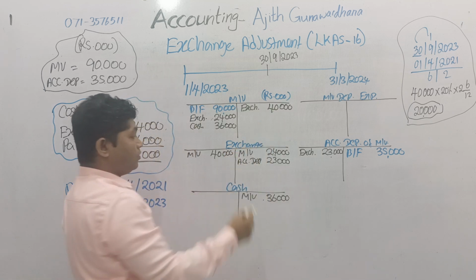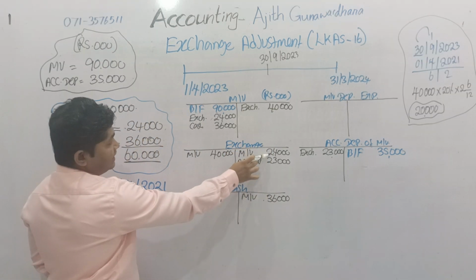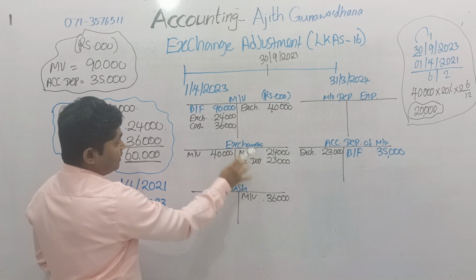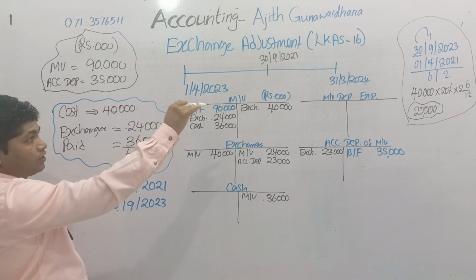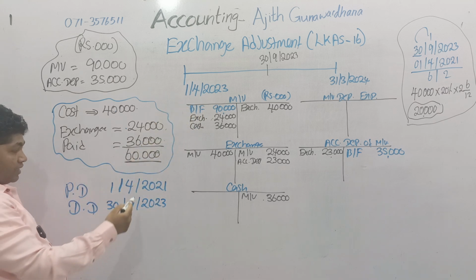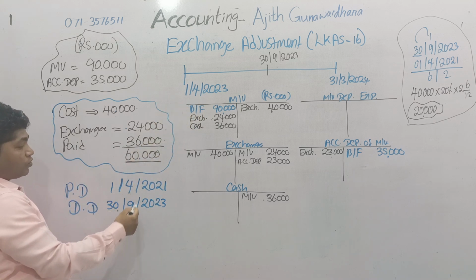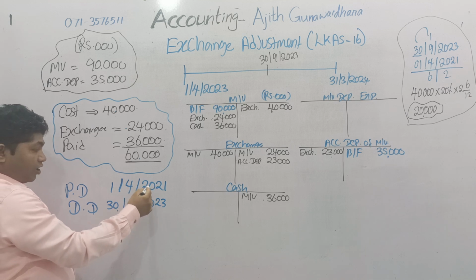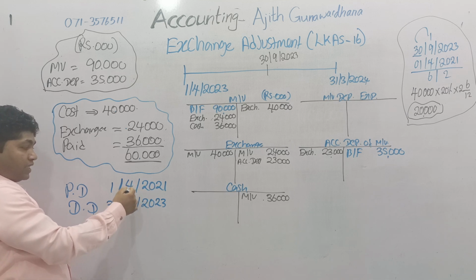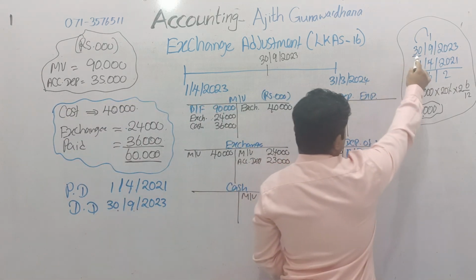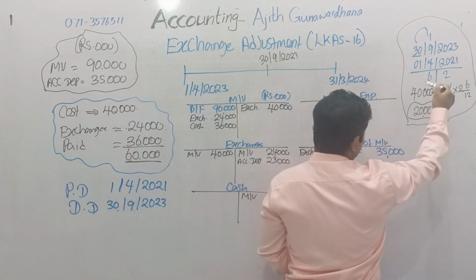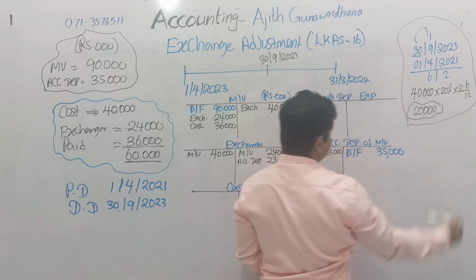Think: first the cost value, second the exchange value, and the balance amount paid in cash. Then think how to calculate total depreciation of the exchanged asset. The purchase date and exchange date are given. First, recognize how many years were used from purchase date to exchange date, calculated as exchange date minus purchase date. Then, based on cost value, 20% into 2 years and 6 months.